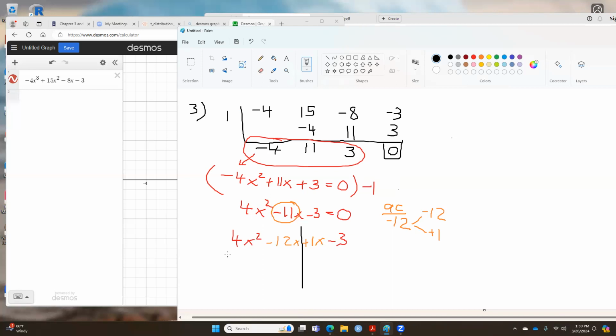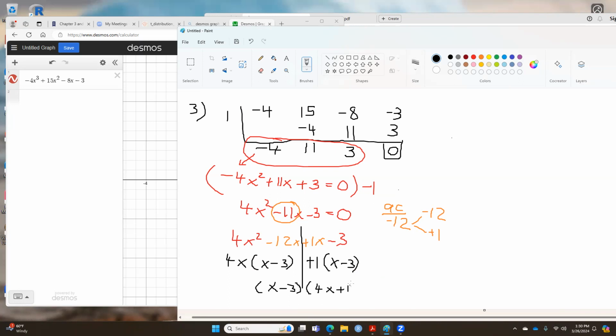The common factor here is 4x. You are left with x minus 3. And the common factor on the last one is none, which means you take out a 1. You still get back x minus 3. And these 2 have the same factor. So the factors in this case are x minus 3 and 4x plus 1.